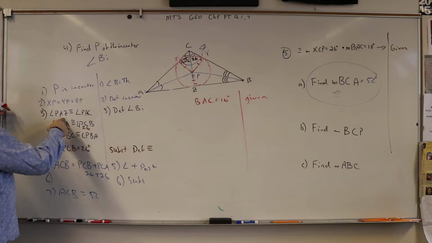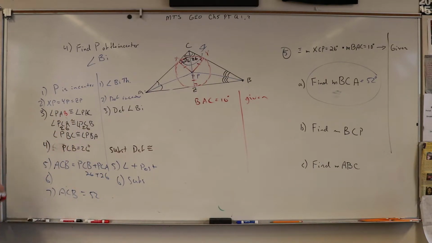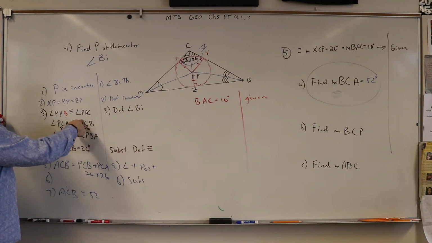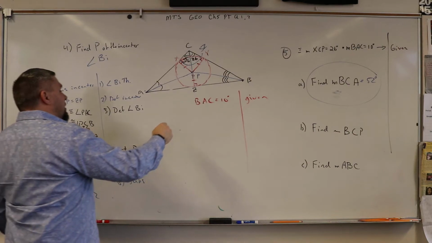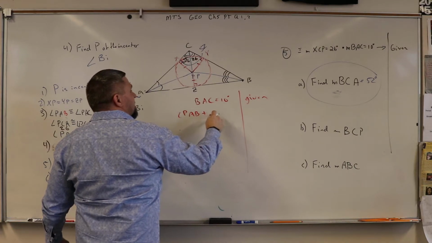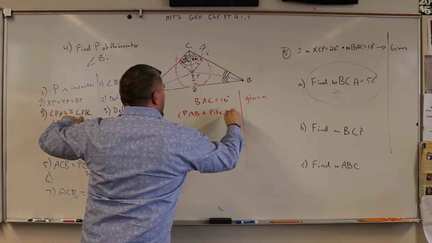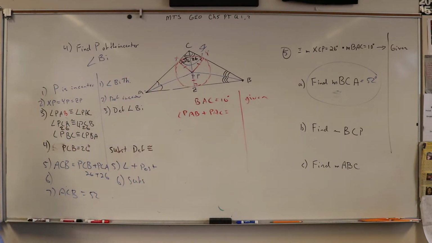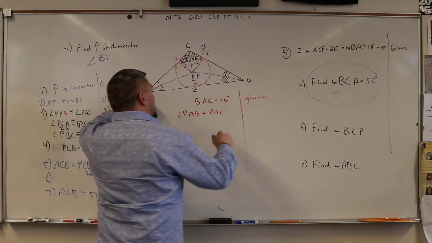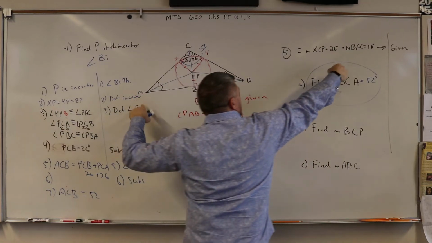PAB and PAC. Oh, I did Z instead of B. Okay? So PAB, we know that these two add up to be 10, right? We know that PAB plus PAC is equal to what? Angle A, or BAC, which is this, 10.